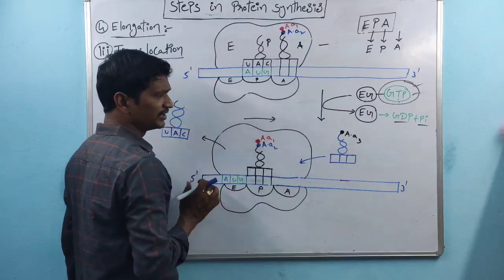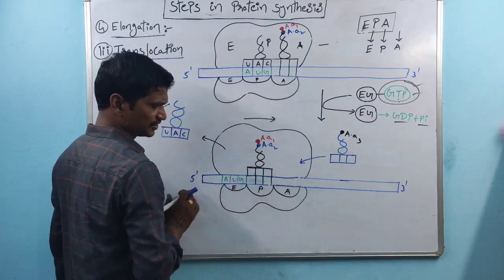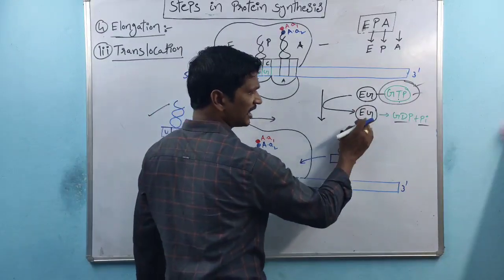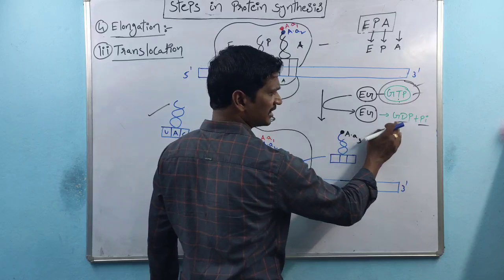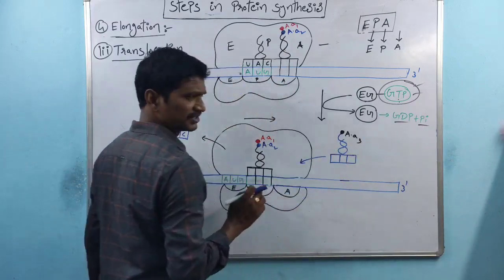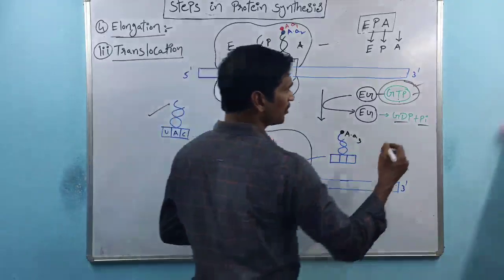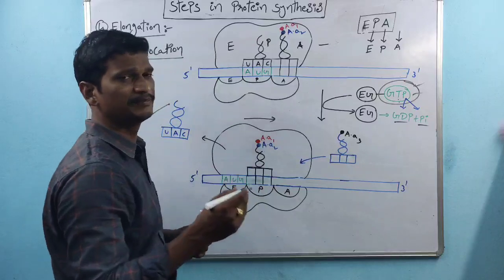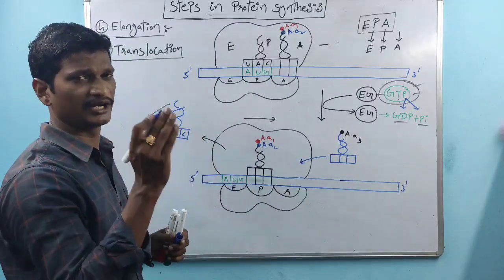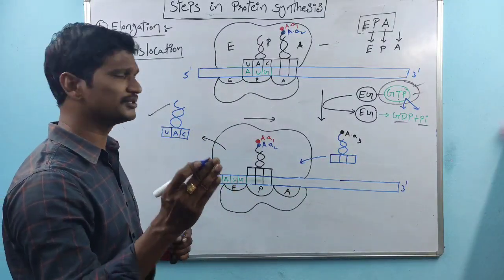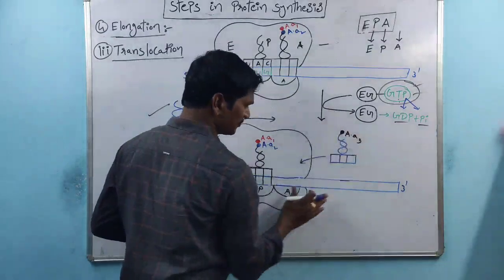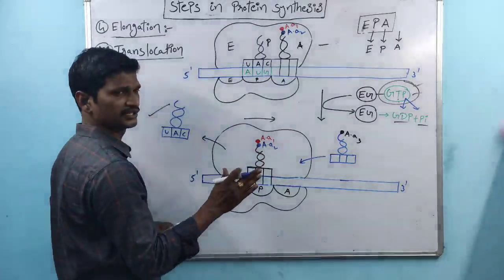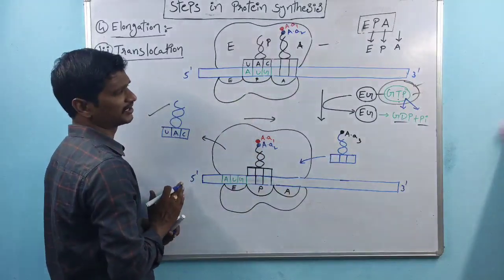Once the movement of ribosome takes place, the sites are changed. After that movement, the elongation factor releases the GDP plus Pi, because hydrolysis of GTP forms GDP plus Pi. So the step is translocation: movement of ribosome requires energy and the elongation factor.